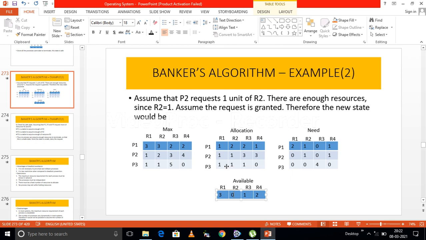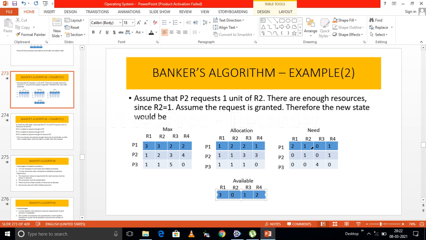What I will do first is check the availability. Imagine P1 is asking; assume that we have a few more resources of R2 and R3 also. Now P1 requires 2 instances of R1, 1 instance of R2, 0 instances of R3 and 1 instance of R4 to complete its job.